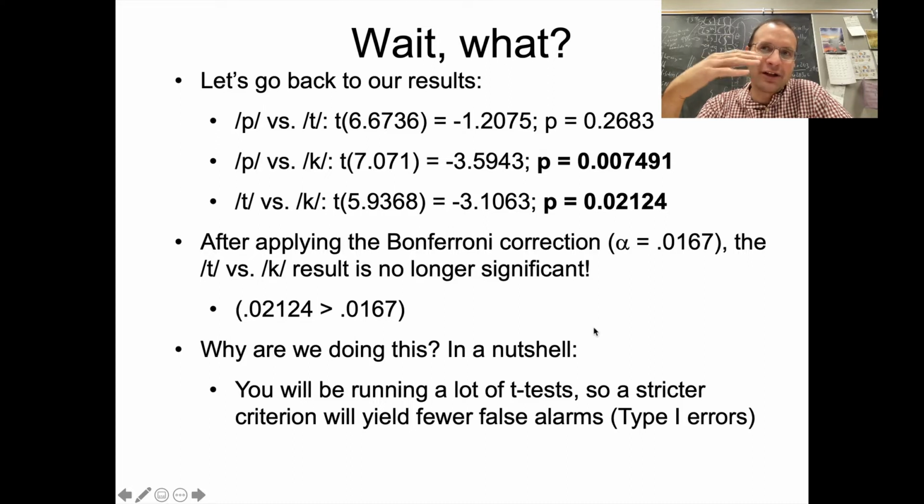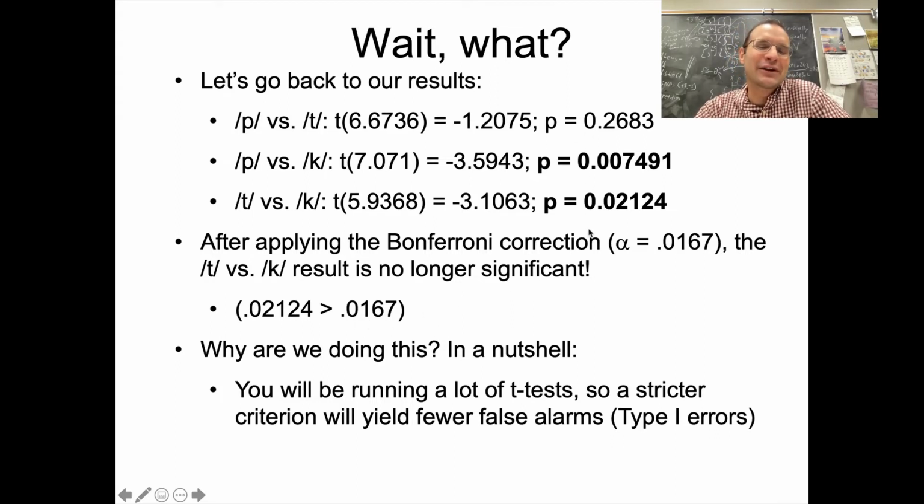But to minimize those even further, we apply a correction like the Bonferroni correction and say, I'll make it even harder to get a significant result. I can't remember the exact numbers here, 0.0167, is something like 1 out of 60 results would give us a false alarm.